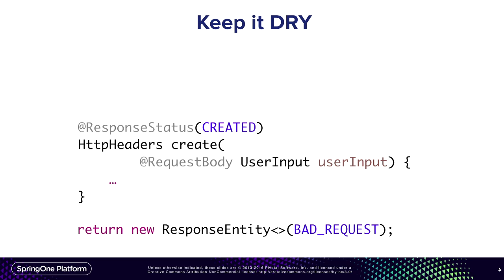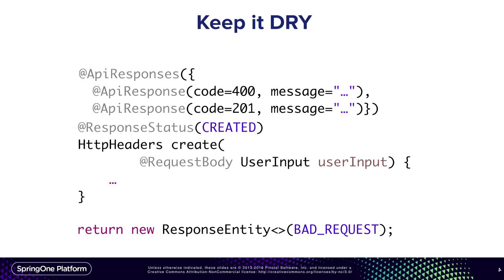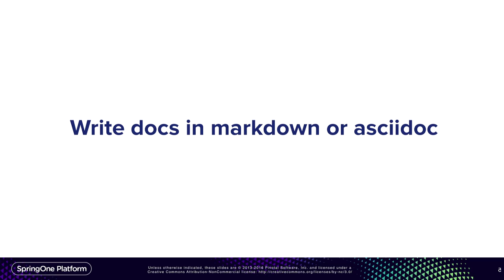In a tool like Swagger, you annotate this with some documentation annotations. Here we're mentioning that the response can be 400 or 201. So as you can see, you have duplication here. And if you change your bad request or created to something else, then you have to remember to update the annotation. That's something that could get out of sync pretty quickly. So that's also a flaw there.